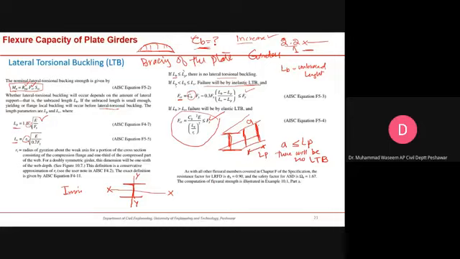Please remember, the phi value we are going to use in LRFD will be this one, and the factor of safety we are going to use in ASD is 1.7.